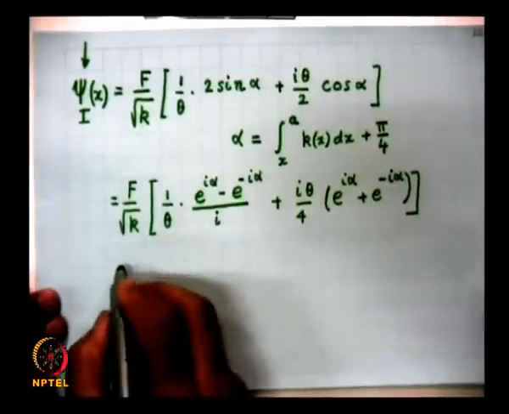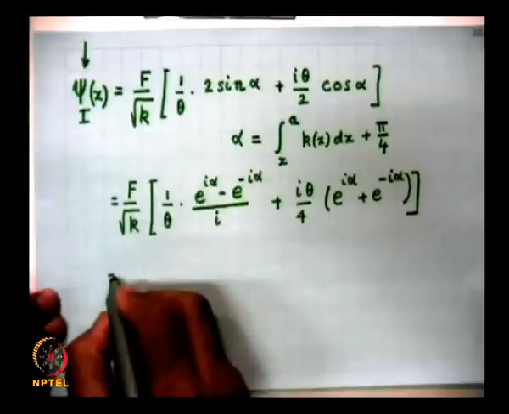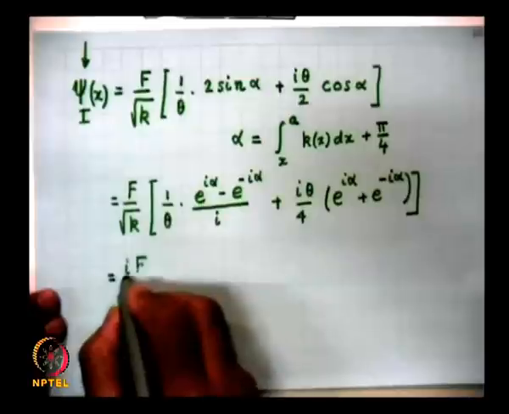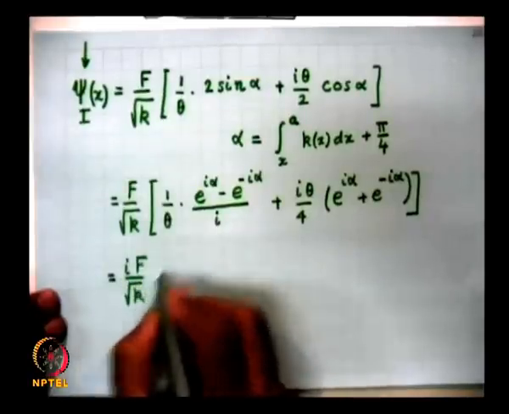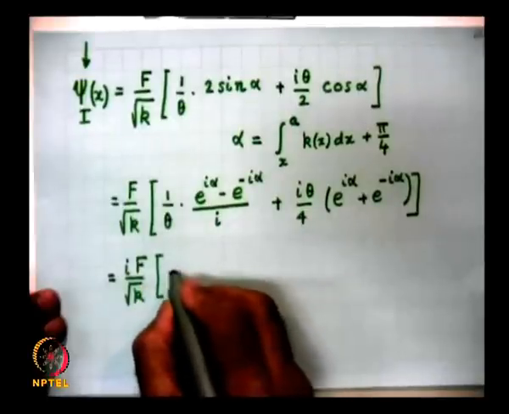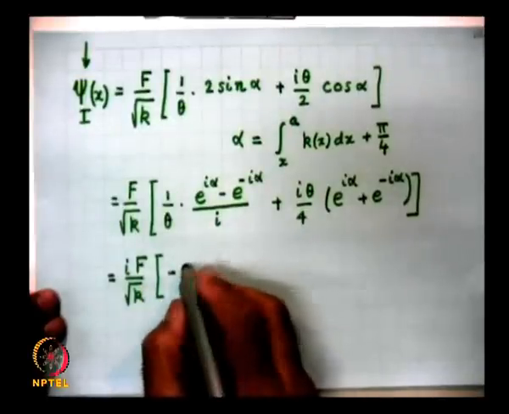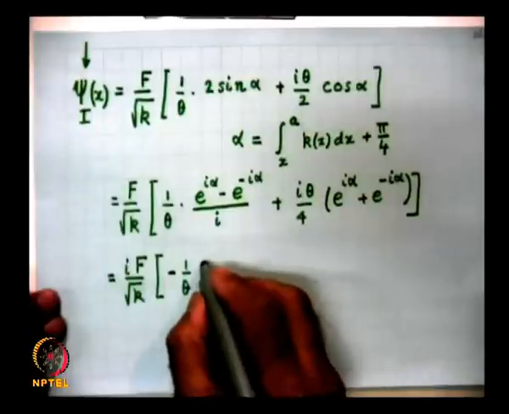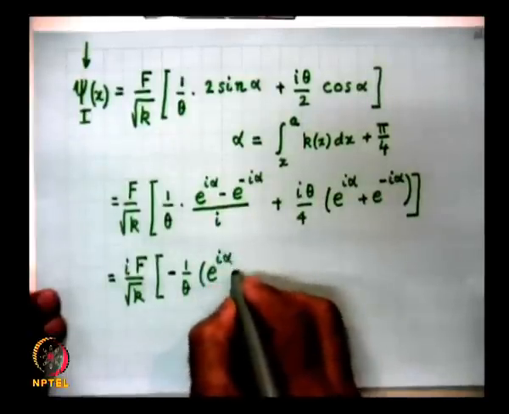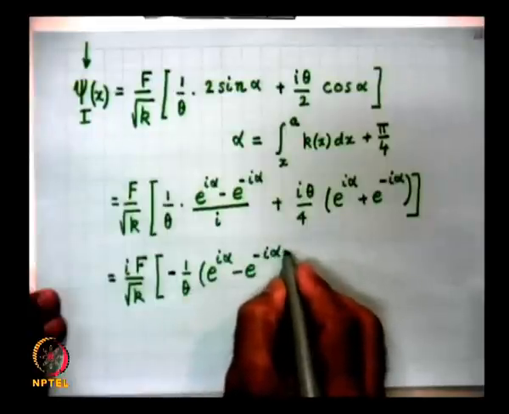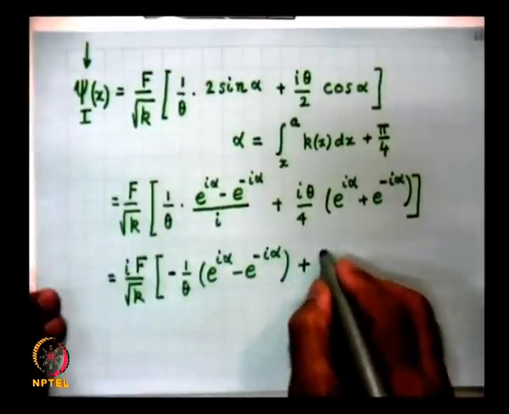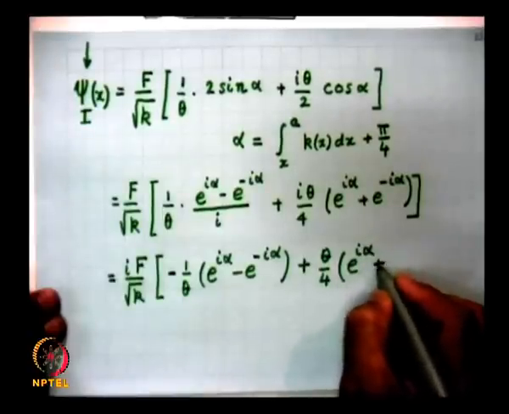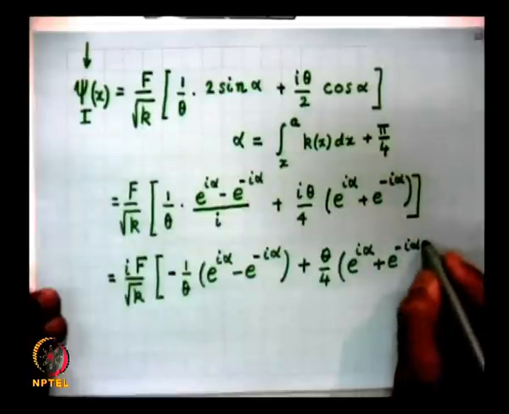So, if I take out I here, so I will get I f by root k, let me do it in 2 steps, although this is trivial. So, this will become minus 1 over theta, e to the power of I alpha minus e to the power of minus I alpha, and theta by 4, e to the power of I alpha plus e to the power of minus I alpha.